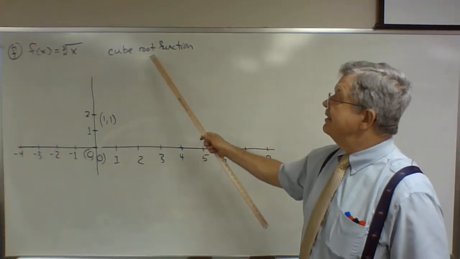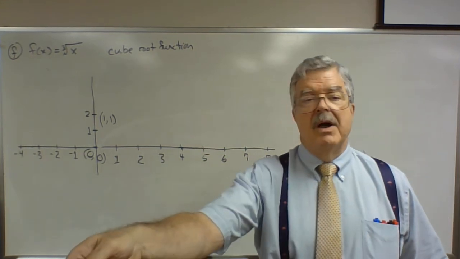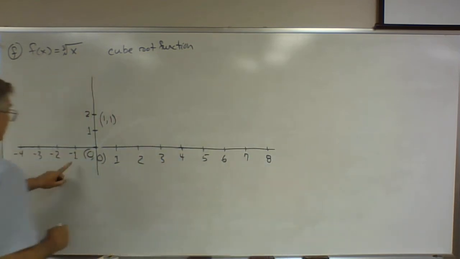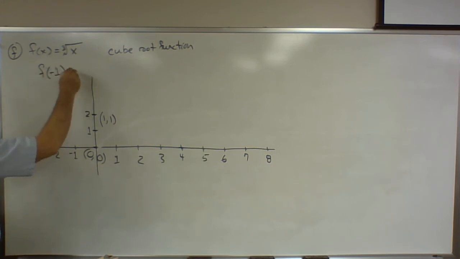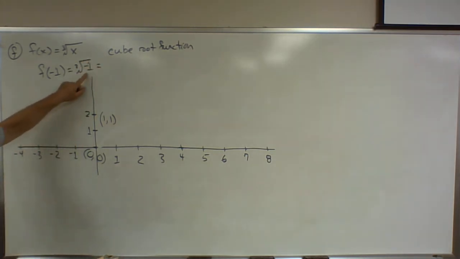Next on our agenda, the cube root function. Well, we try 3 magic points again. Let's go with -1. And we evaluate f at -1. And we get the cube root of -1. And you know what? That works.